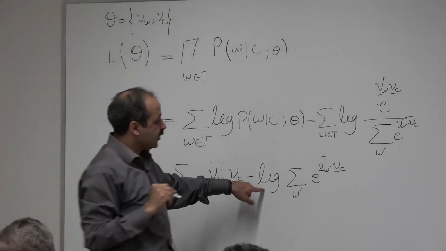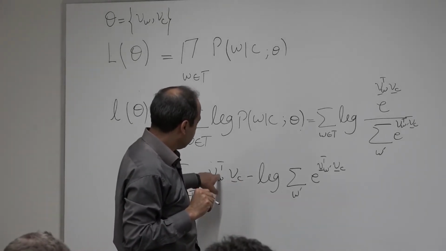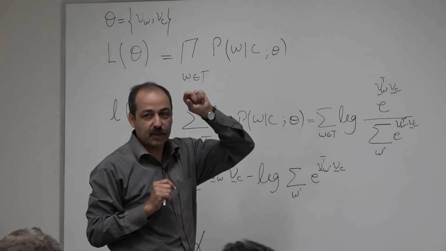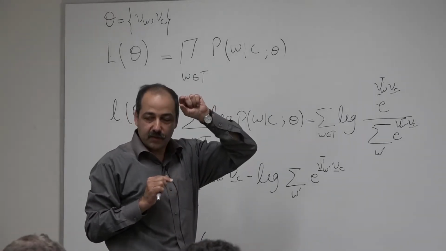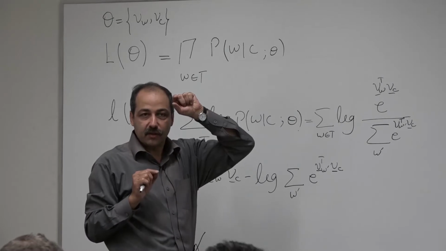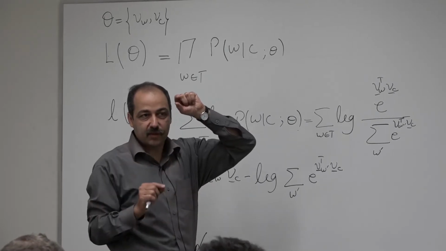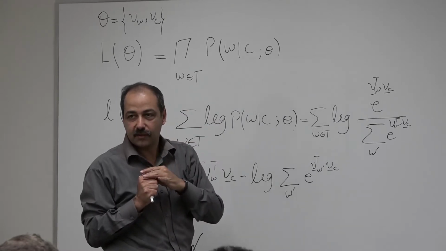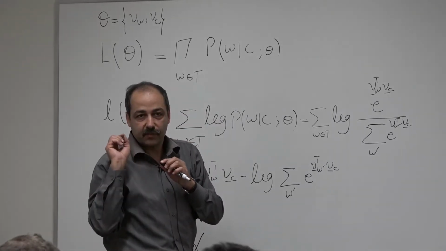Vw transpose Vc is a scalar because it's a dot product of two vectors. You take the derivative with respect to a vector, and the derivative is going to be a vector. The derivative of a scalar with respect to a vector is a vector, right? Because that's what a derivative means.